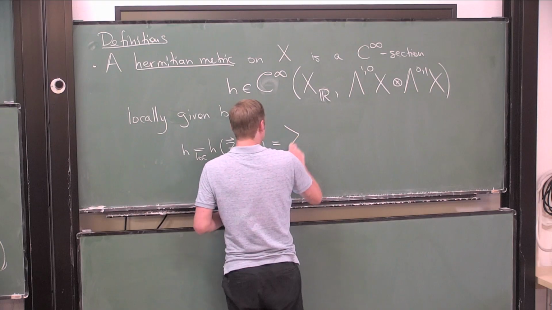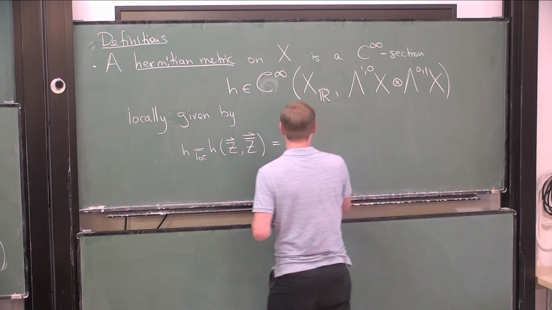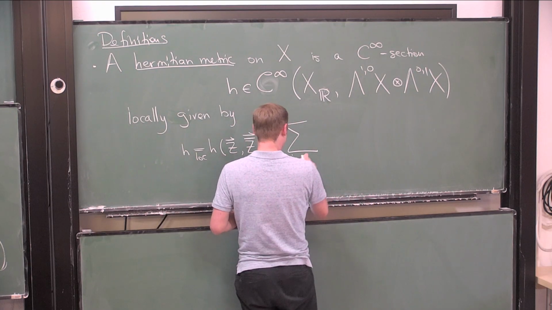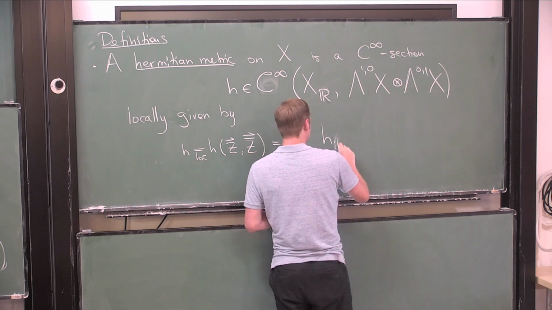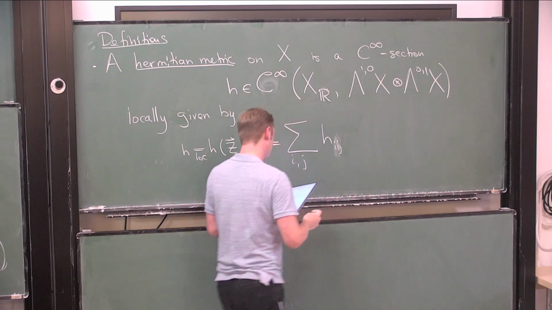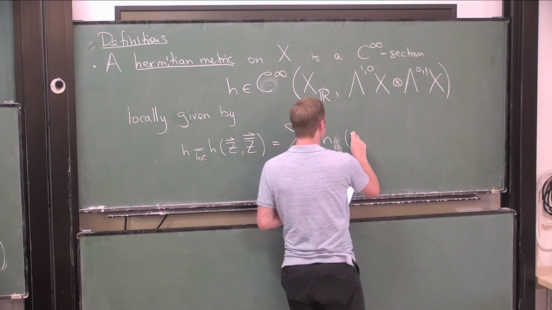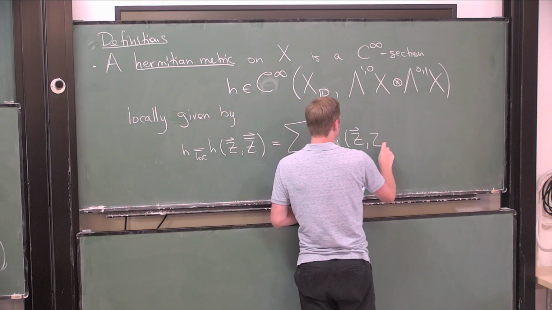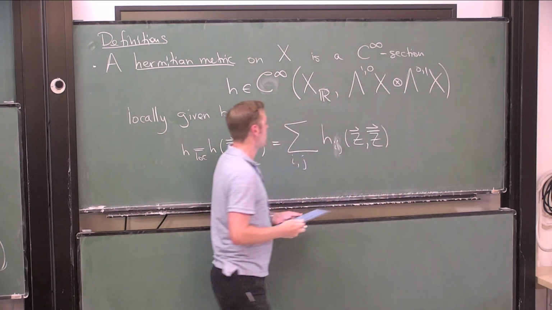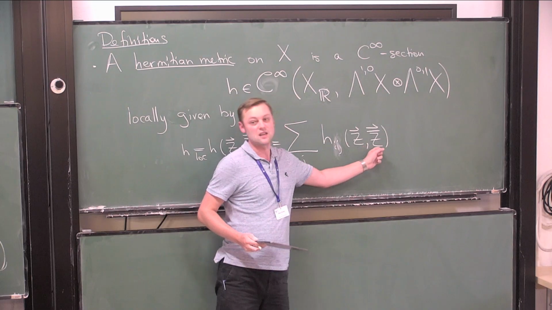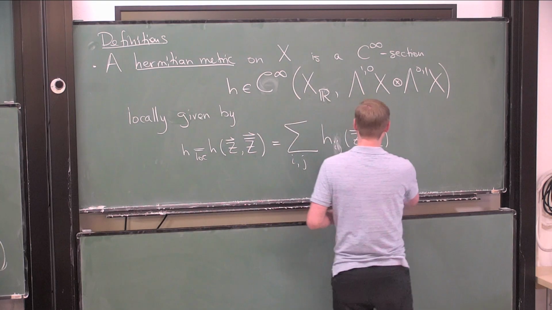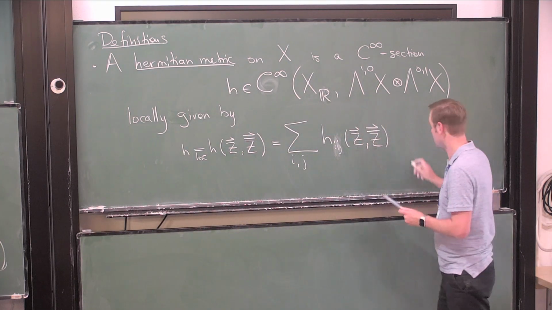In these coordinates, this metric is given by a matrix, which I'm calling H_ij, which depends on the coordinates z and z bar in a C infinity way. So this is a C infinity function of these coordinates.